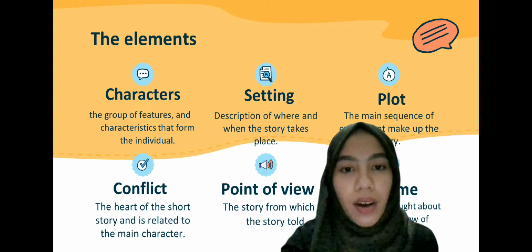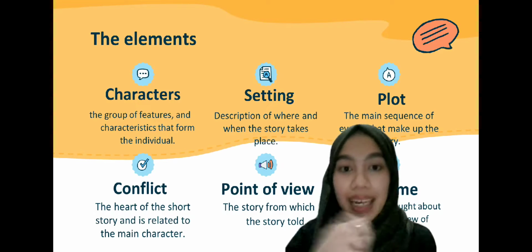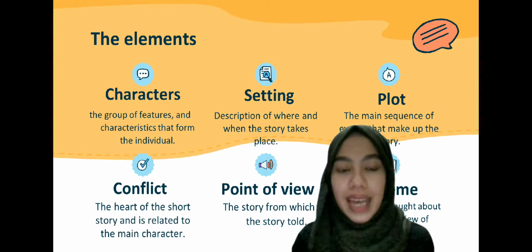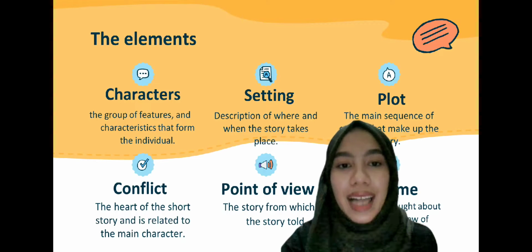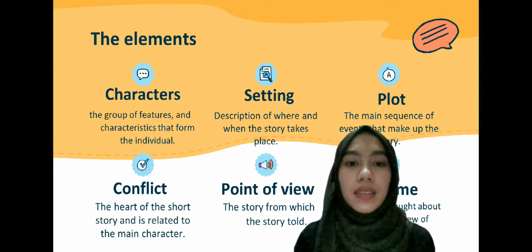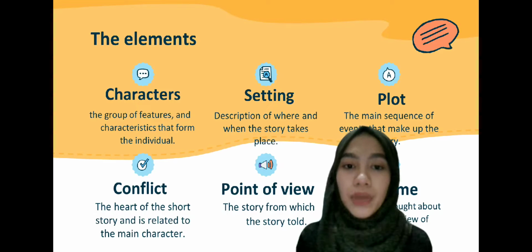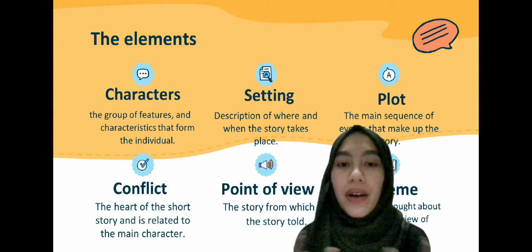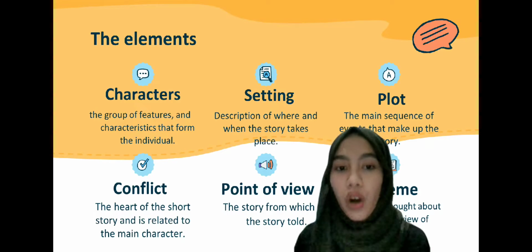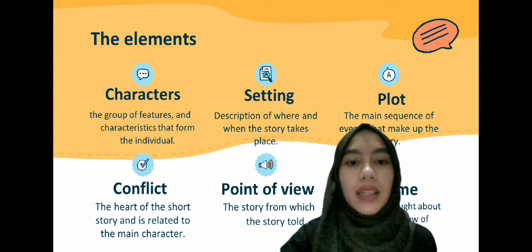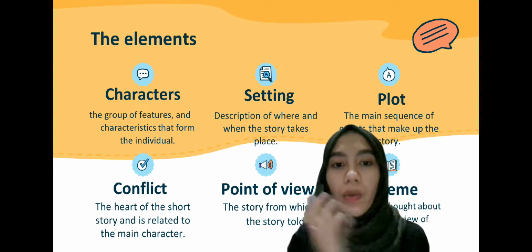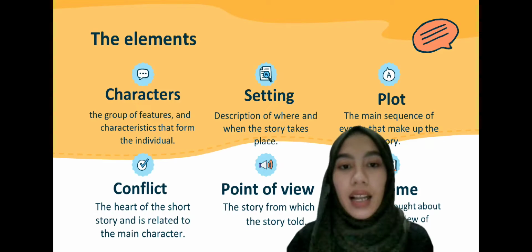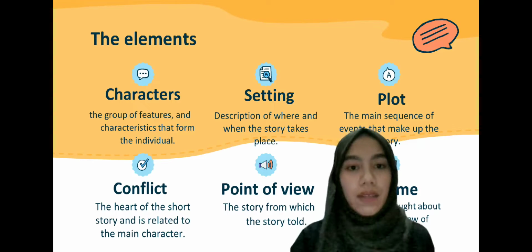And next, there is conflict. So conflict or tension is usually the heart of the short story and is related to the main character. Conflict is a clash between two opposing forces that create the narrative tension for a story. Conflict occurs when the main characters struggle with either an external conflict or an internal conflict.